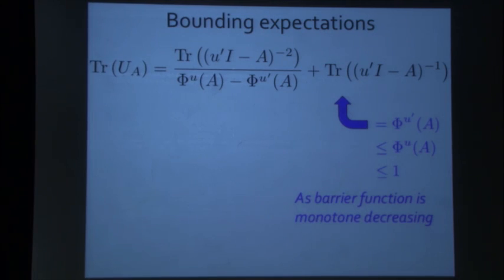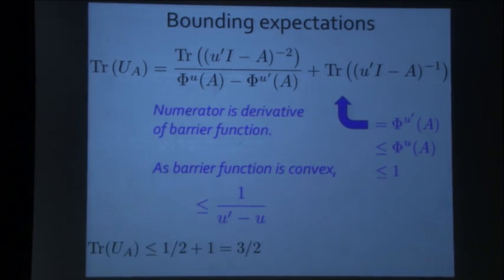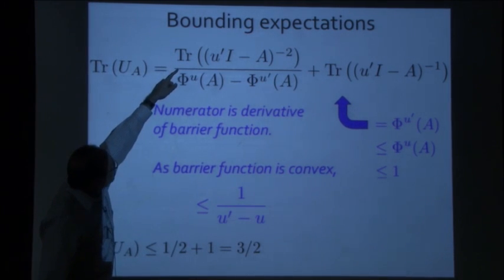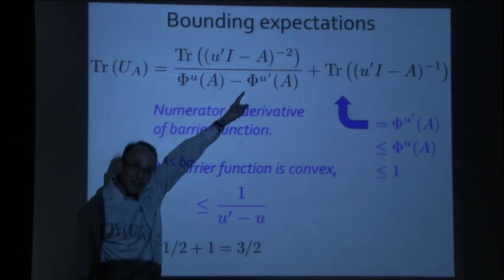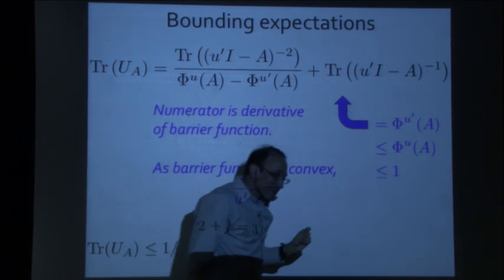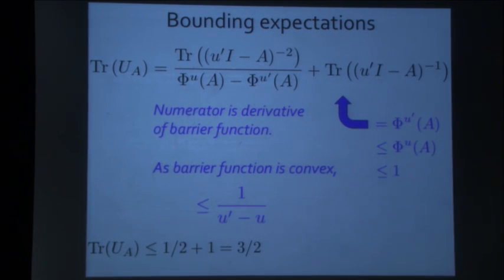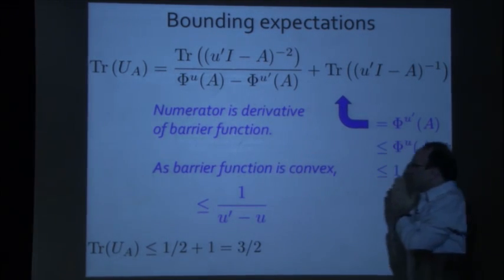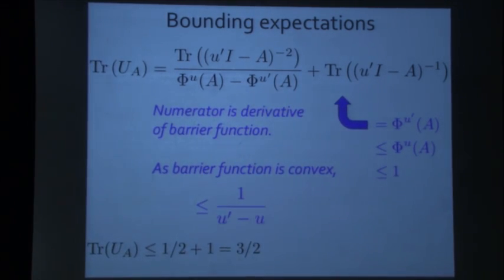The other term turns out also to be very simple. The numerator that you see here is actually the derivative of the barrier function at u prime, and you can prove the barrier function is convex.